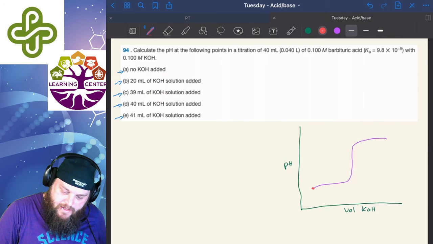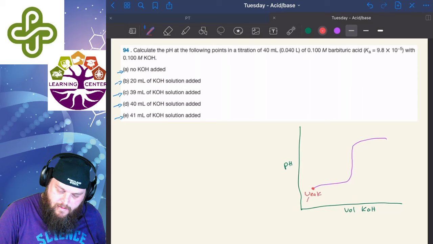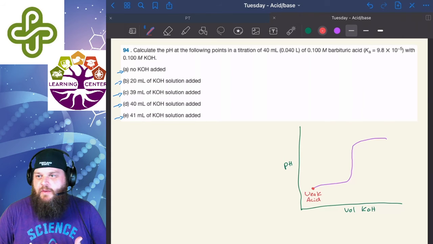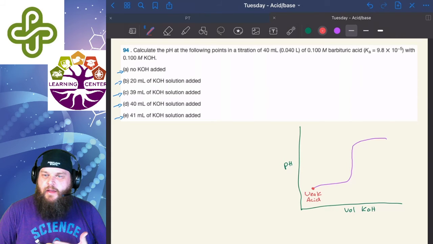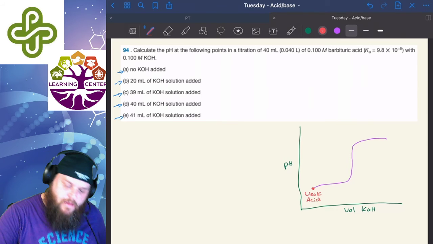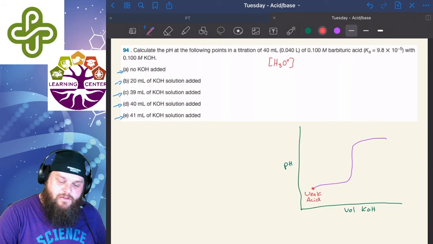The first is the initial point here. In this case, it starts out just as a solution of weak acid. That weak acid has no base added to it, and it comes to an equilibrium at a certain pH. That concentration of hydronium, we can say, is equal to a certain quadratic equation.